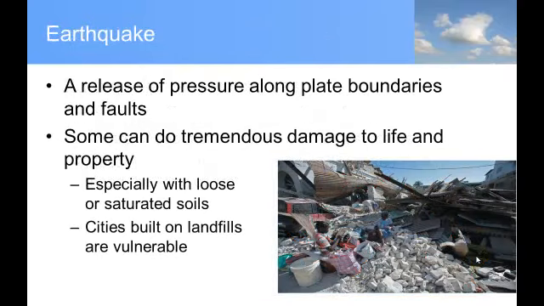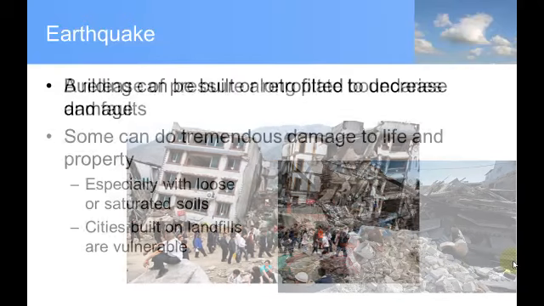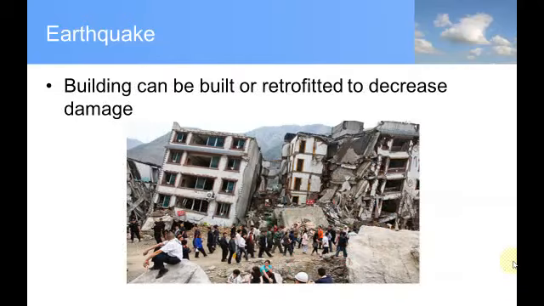As I mentioned, an earthquake occurs when there's a sudden release of pressure along plate boundaries, and they can do some tremendous damage to life, especially if the homes are built on top of very loose surfaces, wet soils, or if they're on top of a landfill, or if building codes are very, very poor. So, for example, Haiti is the poorest country in North America.